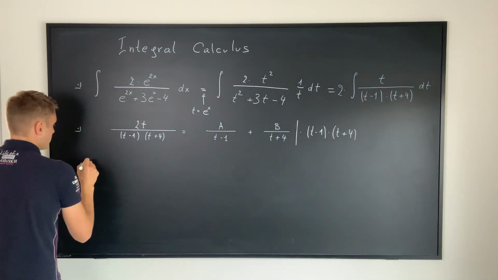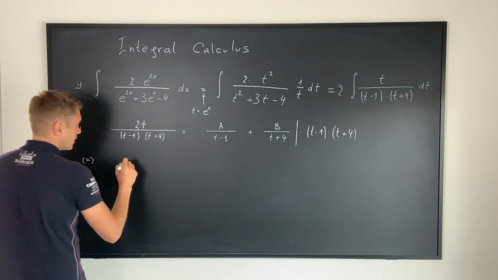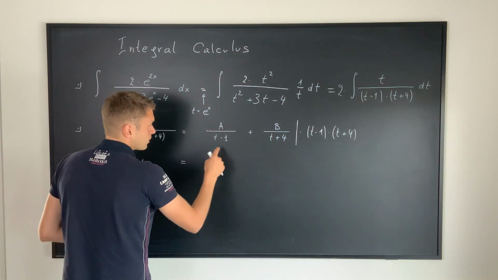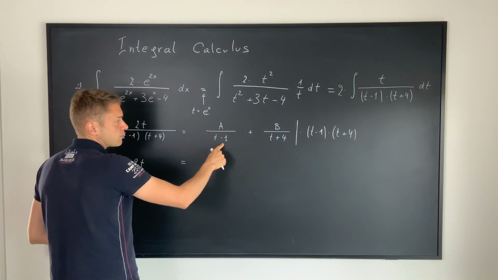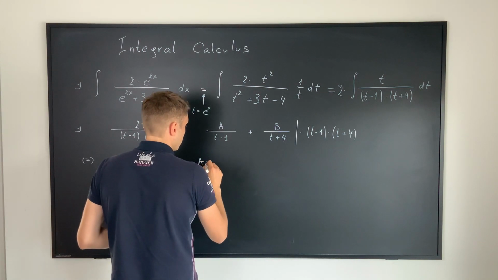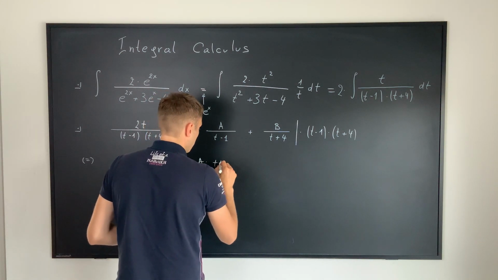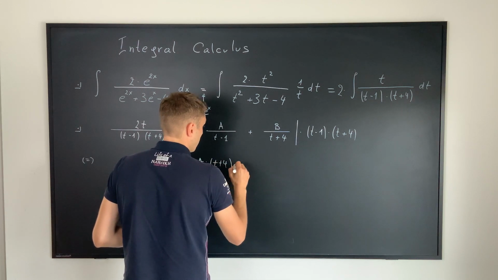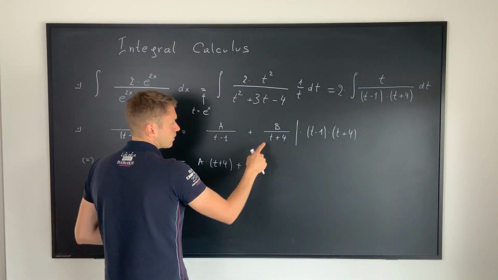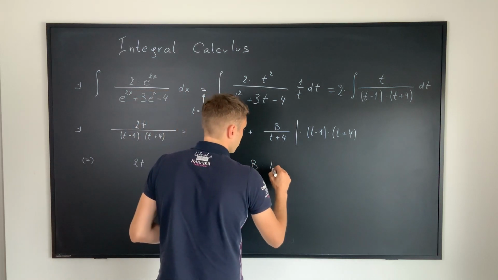So what we obtain, still an equivalence, is 2t, the numerator, equals: what will vanish here is t minus 1 with this factor, so what will remain is a times t plus 4, plus the second constant that we are looking for, b, times t minus 1.